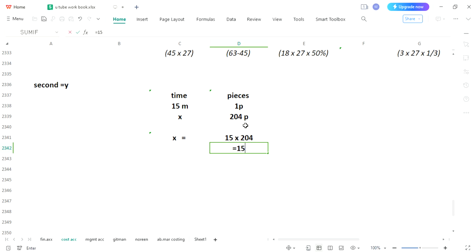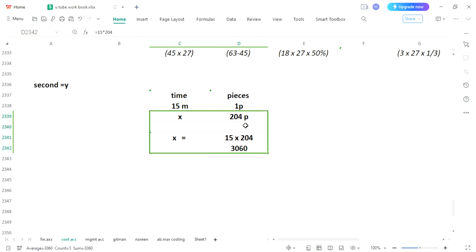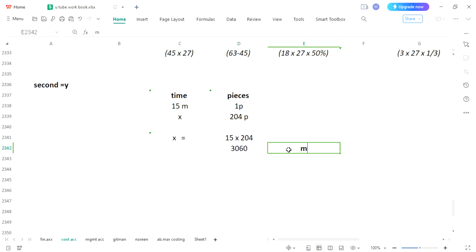Now we can put it on our calculator. 15 multiplied by 204, we have got 3060. You will tell me what we have calculated. So question was, if for one piece 15 minutes are needed, for 204 pieces, how many minutes would we need? It means we have calculated minutes.